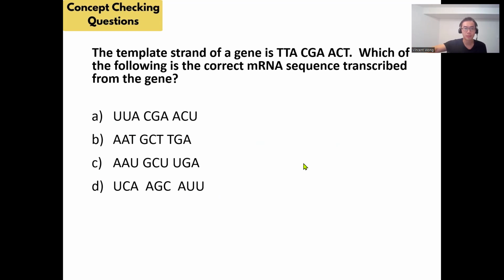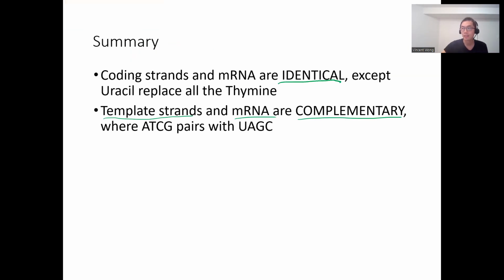Well, what is the answer? The question gave you a template strand, and you have to find the correct mRNA sequence. What is the relationship between template and messenger RNA? Let's take a look at what the slide said. Template strand and RNA are complementary to each other.